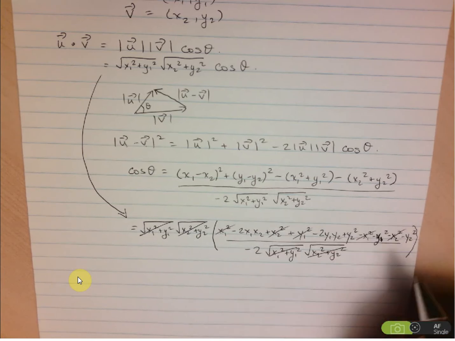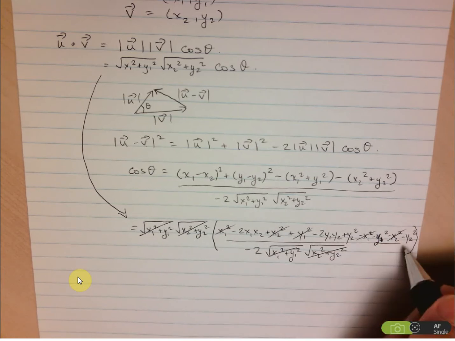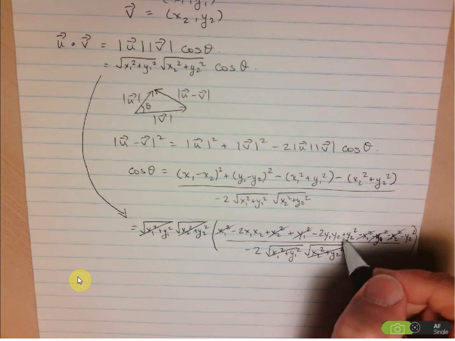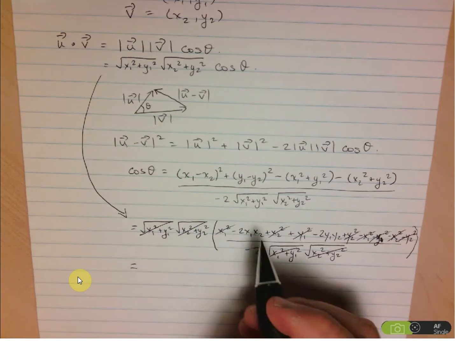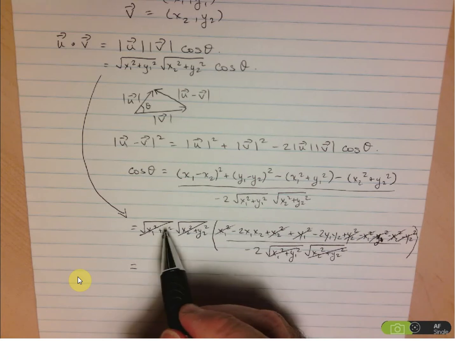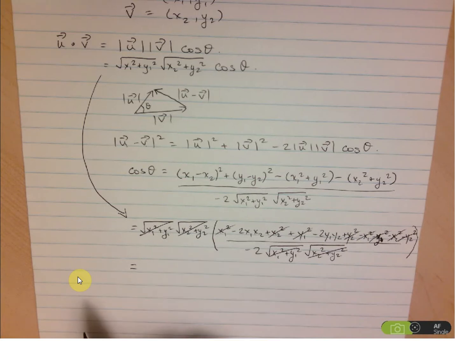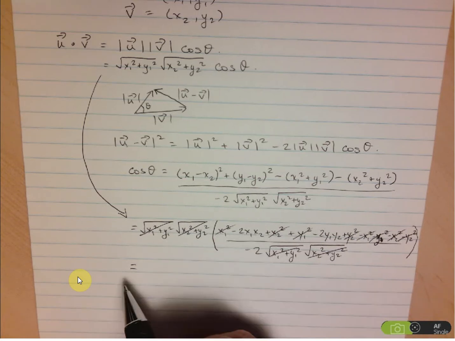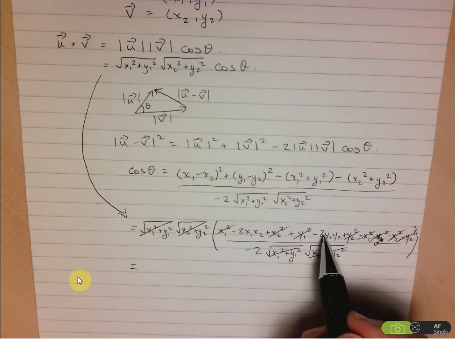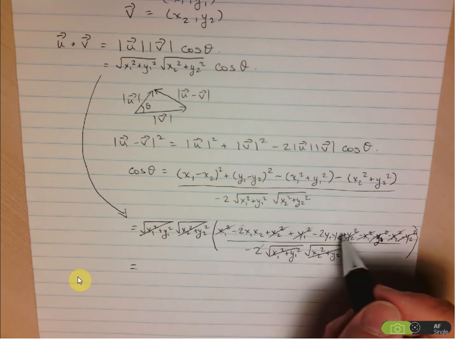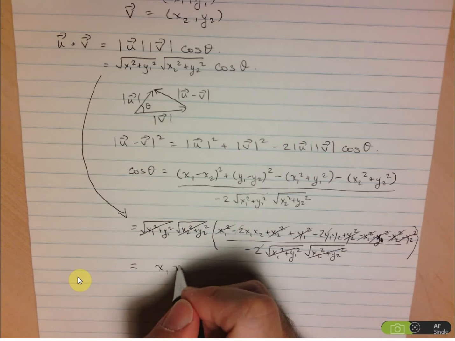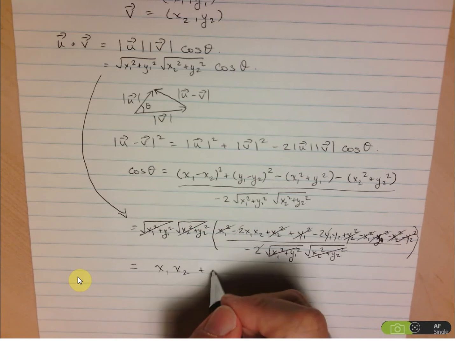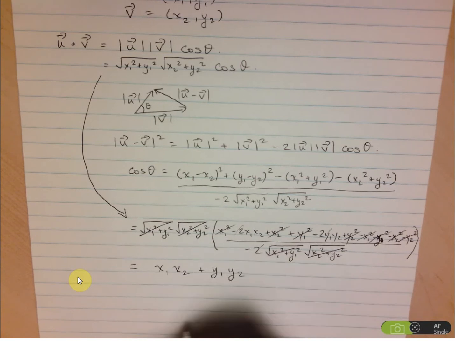Okay, x1 squared and x1 squared, y1 squared and y1 squared, and then finally y2 squared and y2 squared, and this very ugly expression now simplifies quite nicely. So if I take a look in the numerator here, I see negative 2, negative 2. All these things cancel out, and what I'm left with is just x1 x2 plus y1 y2.